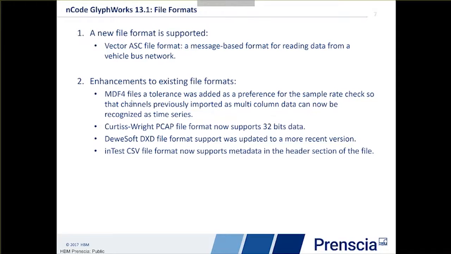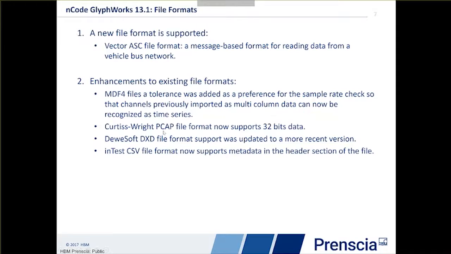Now in 13.1 we have the ability to use a tolerance such that data that is almost ISO-sampled can be considered as ISO-sampled. So you get more data recognized as time series and you don't need to do resampling. That's a new preference in the system.